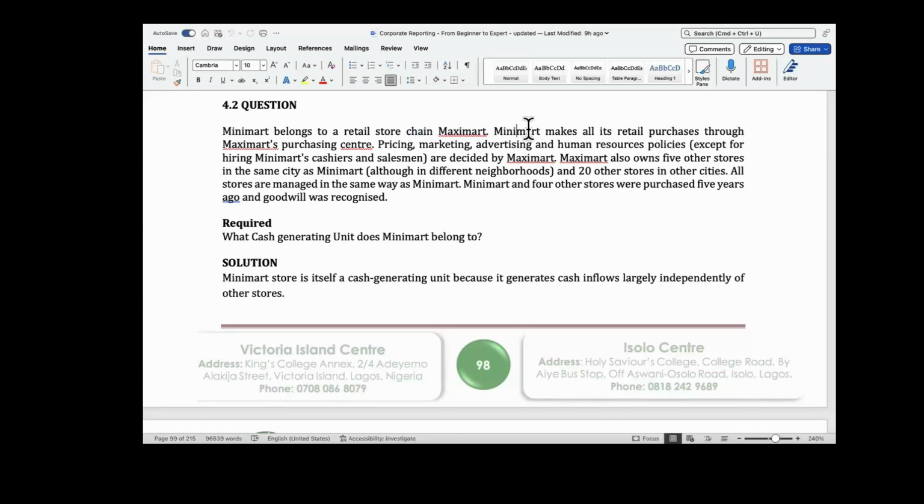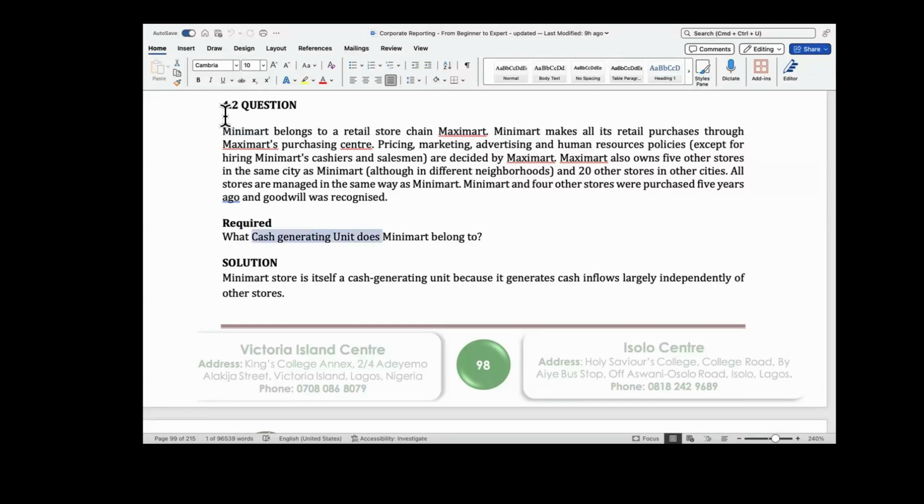This Minimart makes all its retail purchases through the Maximart purchase center. Pricing, marketing, advert, human resource are decided by Maximart. Maximart owns 5 other stores in the same city as Minimart and 20 other stores. The whole thing here is that Minimart is just a store, a supermarket. That's what Minimart is.